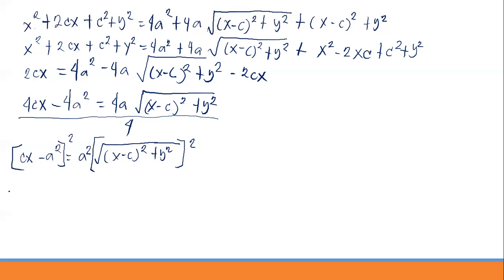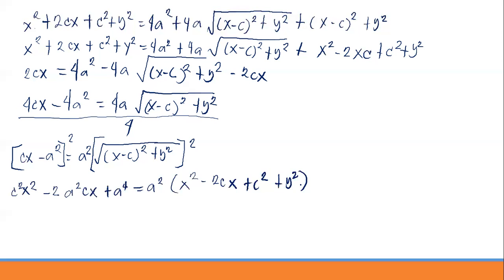So we are going to expand the squares. So this is equal to c squared x squared minus 2a squared cx plus a to the fourth power equals a squared times x squared minus 2cx plus c squared plus y squared. Okay? Then, distribute natin yung a squared.